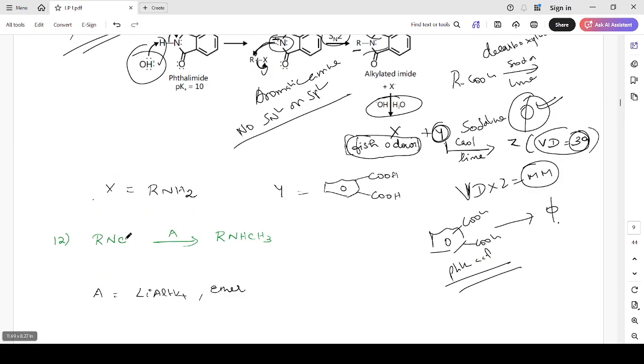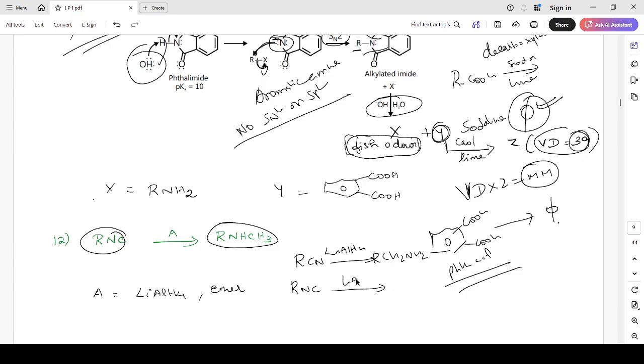The next question is about isonitrile here. Isonitrile upon something is giving you RNHCH3. Understood, RCN upon reaction with lithium aluminum hydride will give you RCH2NH2. If I take isonitrile, same thing only you should do. Break the bonds, introduce hydrogens in between. Correct?